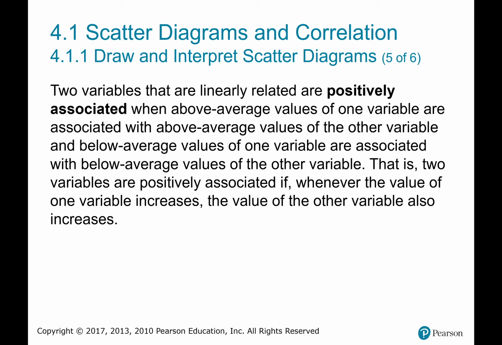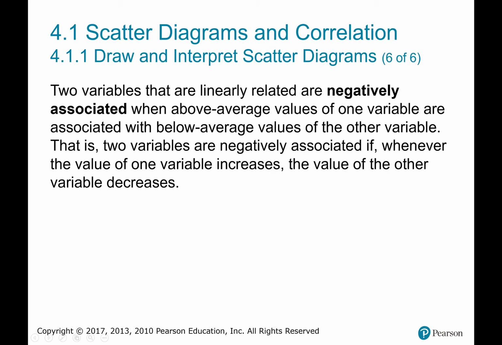That is, two variables are positively associated if whenever the value of one increases, the value of the other one increases. Two variables that are linearly related are negatively associated. Obviously, that would be the opposite. If the two variables are negatively associated, whenever one of the values increases, the other value decreases.